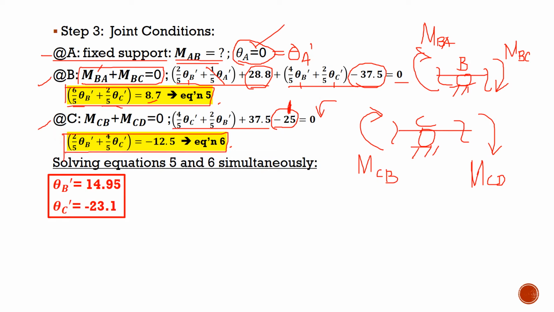Therefore we have two equations and two unknowns, in terms of theta prime B and theta prime C.